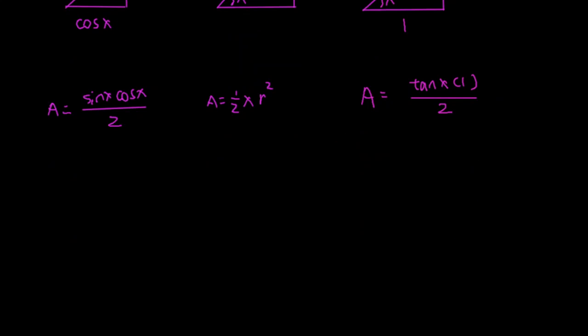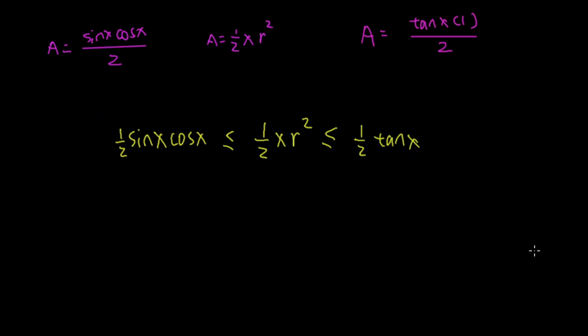So we can write this: 1/2 sine x cosine x is less than or equal to 1/2 x r squared, which is less than or equal to 1/2 tan x.